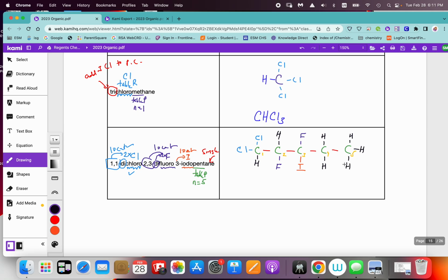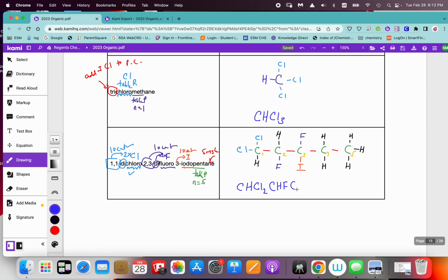The condensed structural formula for this would be: we have carbon 1, and the hydrogens attached to it are immediately put, so it has 1 hydrogen, but then it has the 2 chlorines. Carbon 2 has 1 hydrogen and a fluorine.